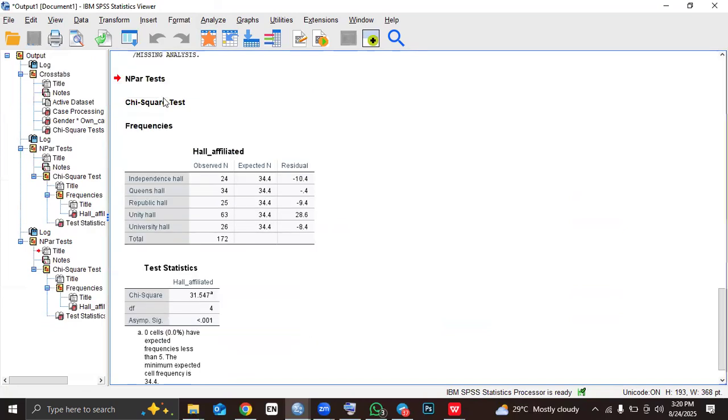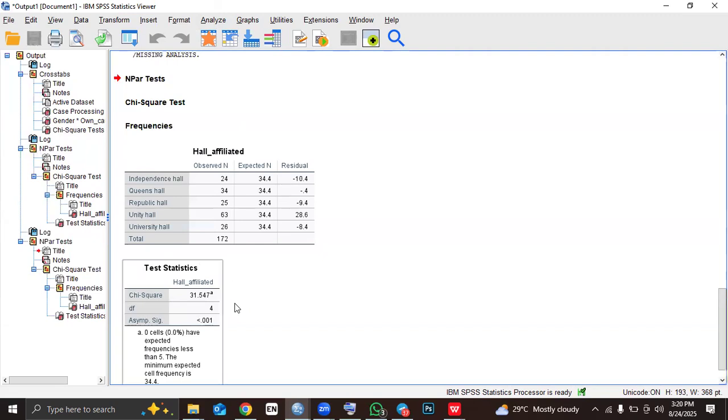So this right here is our output data. Let's explain what we are getting from this output. We see here a summary of all the observed values and then the expected values, which we talked about in our previous video.